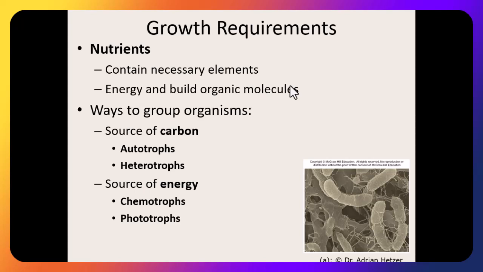Heterotrophs have to get their carbon from some type of food source. So there are 2 places they can get the carbon. One, they can make their own carbon molecules, autotroph. Auto means self, like if you drive an automatic car, it shifts by itself, you don't have to have a shifter. Heterotrophs have to ingest them.